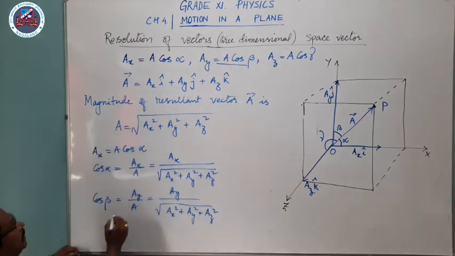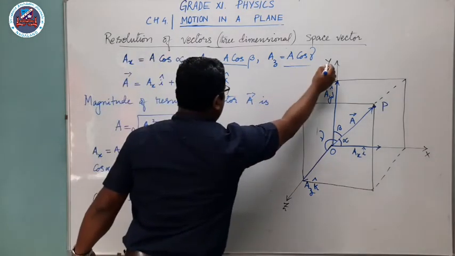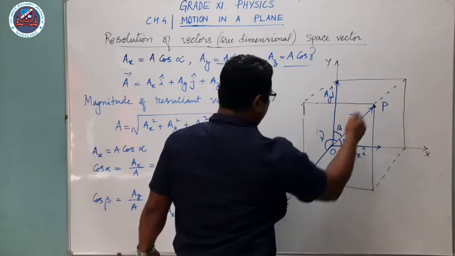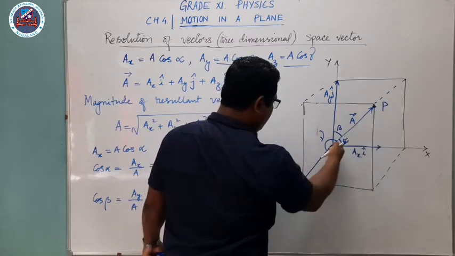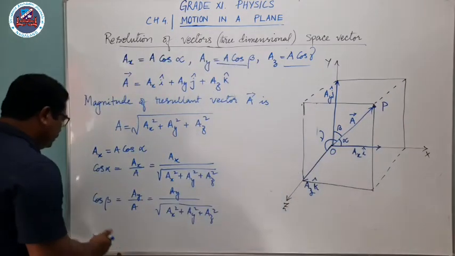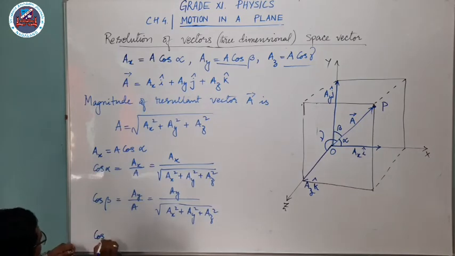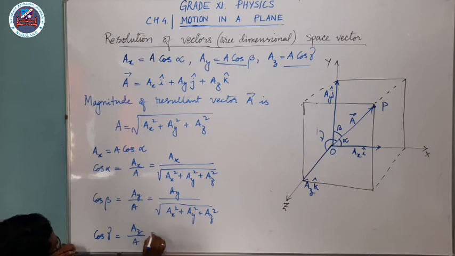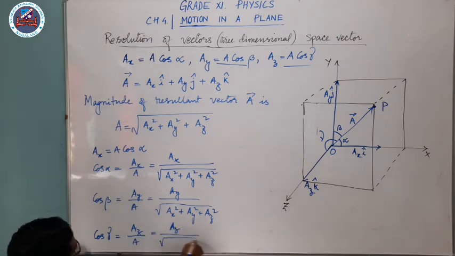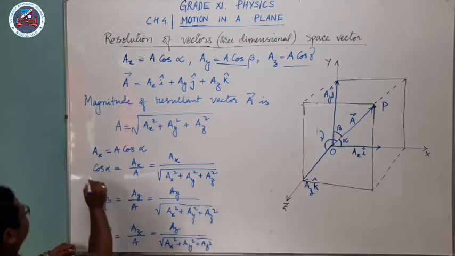And similarly, for the direction of the vector along the z-axis, cos gamma will be az divided by a, that is az divided by root over ax square plus ay square plus az square. This way you can find out the direction.